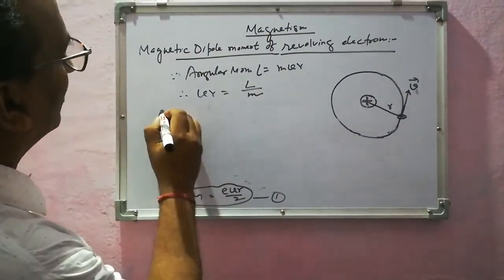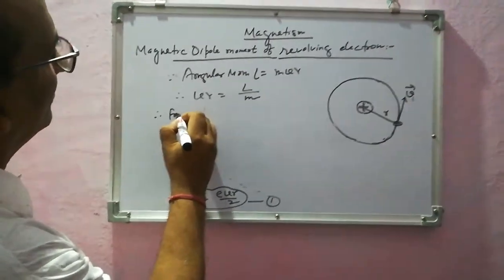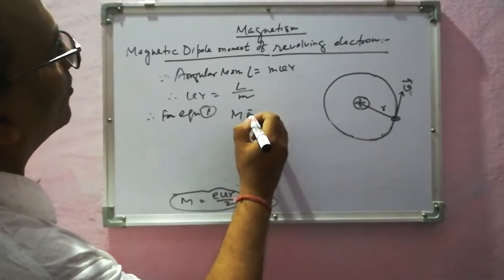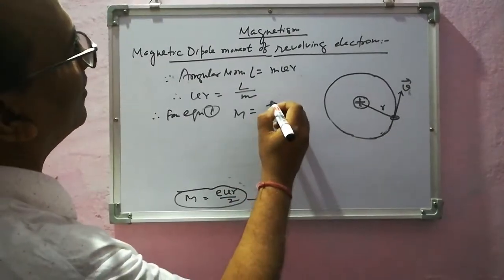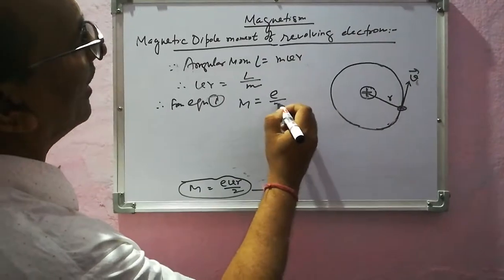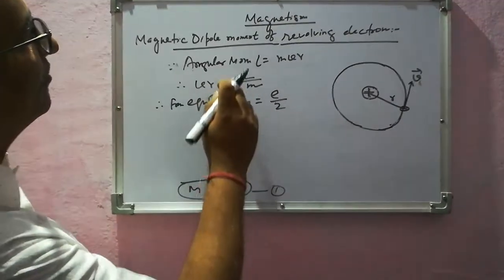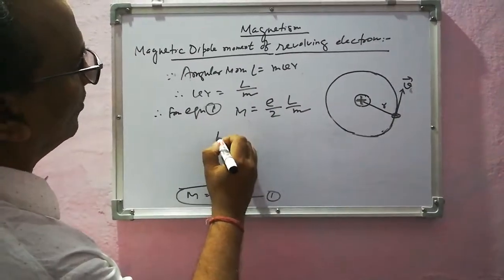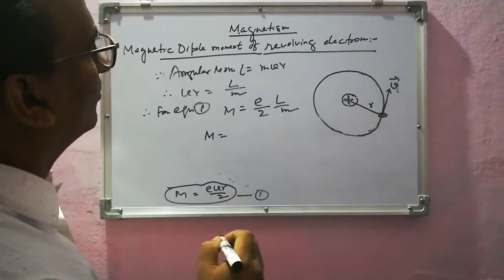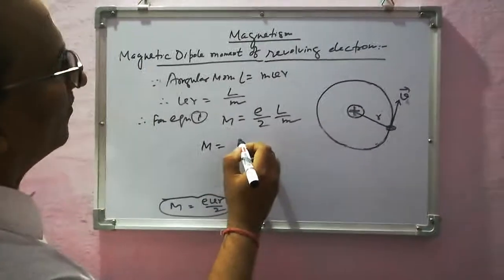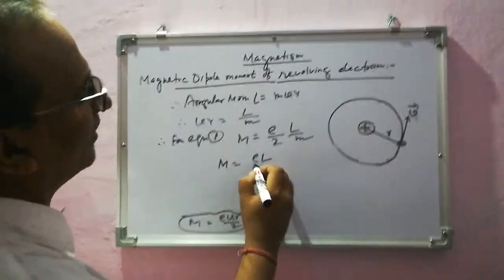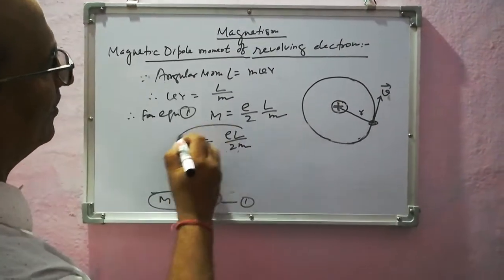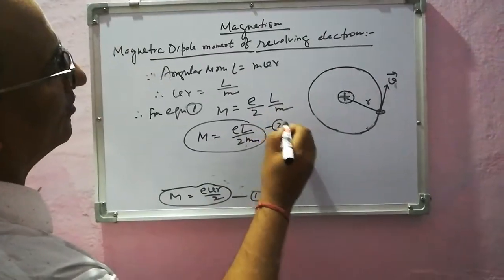Substitute the value in equation first. Therefore from equation first, m becomes equal to ev by 2 times r, and in place of vr you substitute L by m. So now this expression becomes m is equal to eL by 2m. Here m is the mass of the electron. This is expression 2.